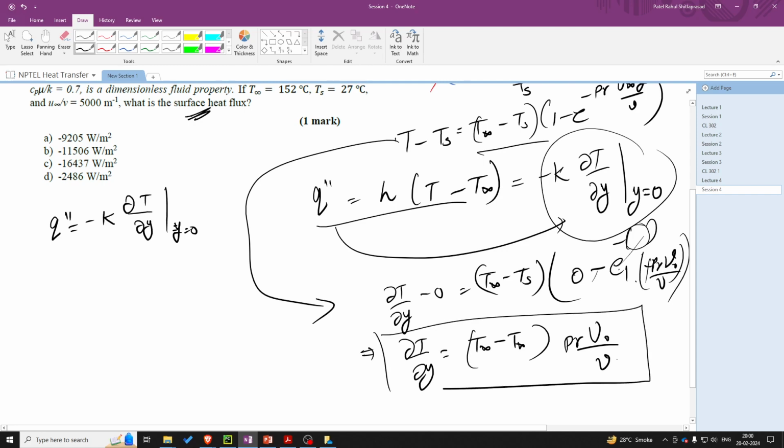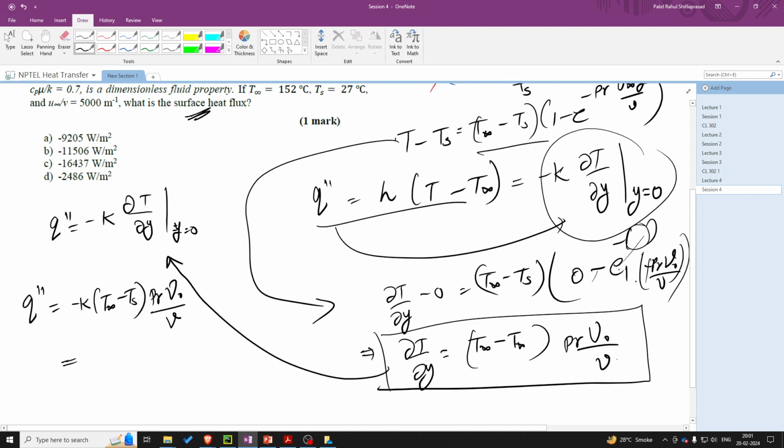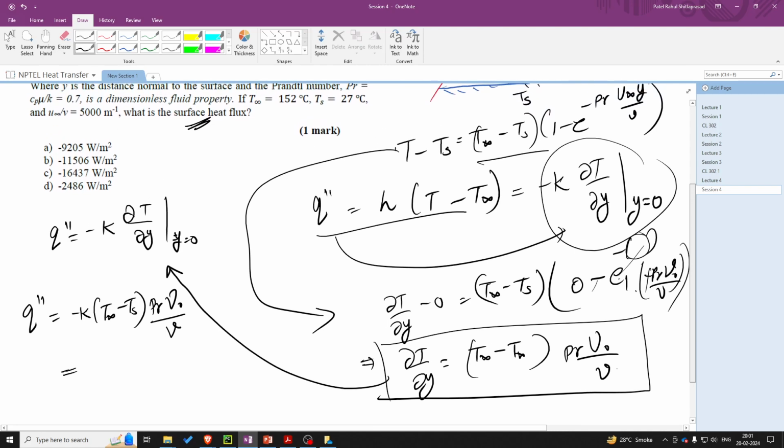We replace this temperature gradient in this equation in order to find q double dash, so it will become minus of k times T infinity minus Ts, Prandtl number, U infinity by nu. Now we just need to replace the values.